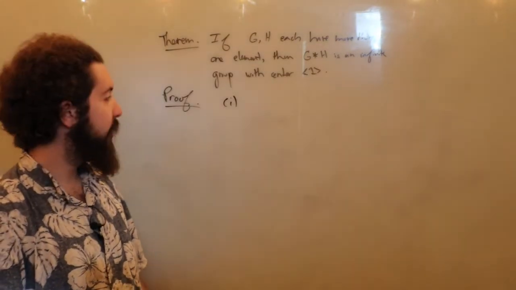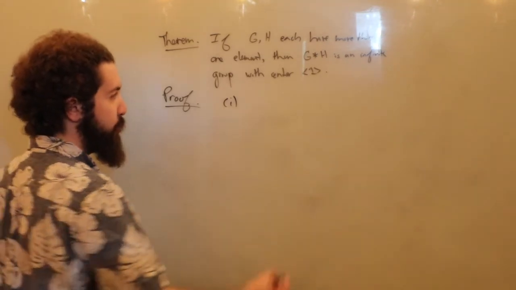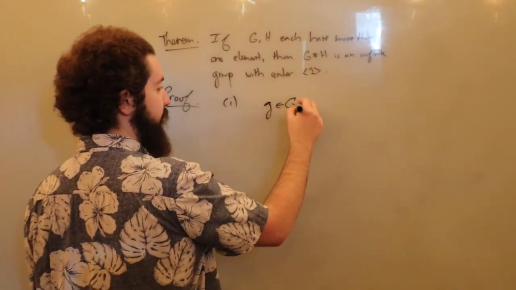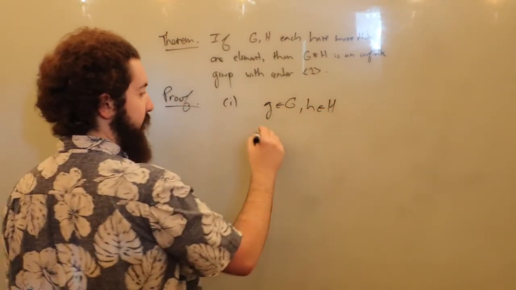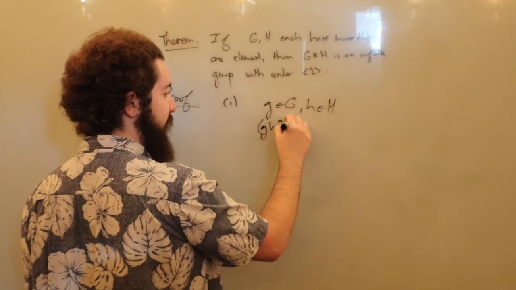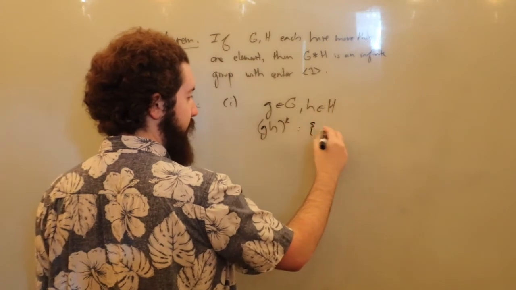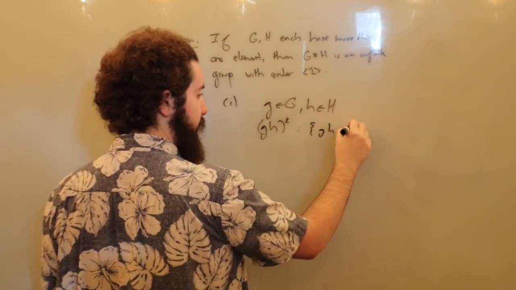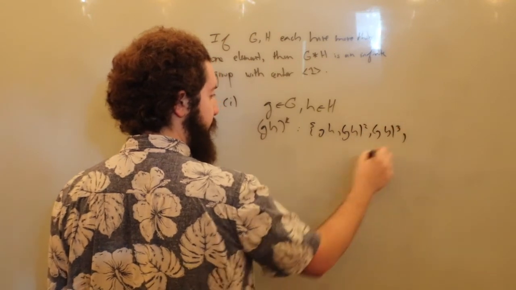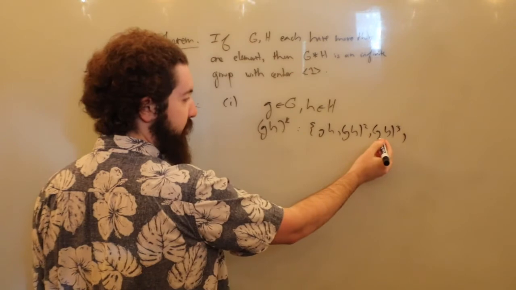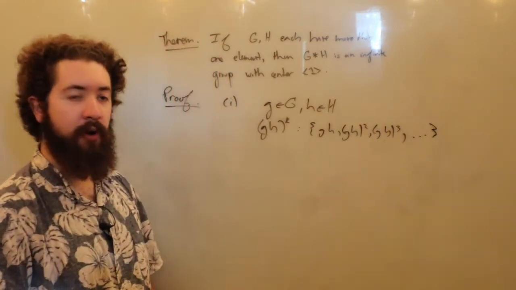All right, now the proof. So for the first part, let's show that it's an infinite group. So let g be an element of G, and let h be an element of H, and obviously they're non-identity elements. Then (gh)^k for various powers of k, so we'll have gh, (gh)^2, (gh)^3, which is the same as gh, gh, etc., is going to be reduced already.